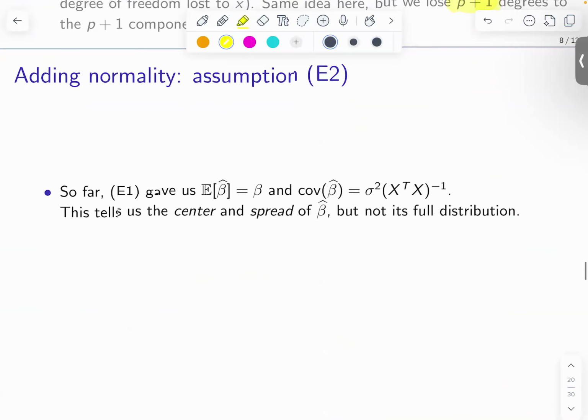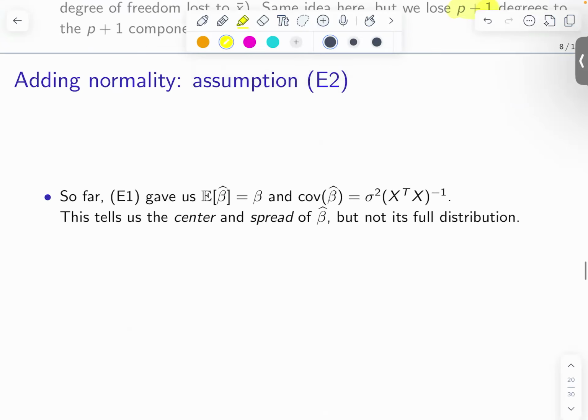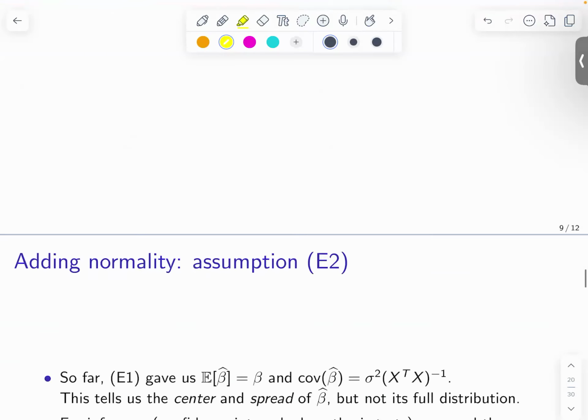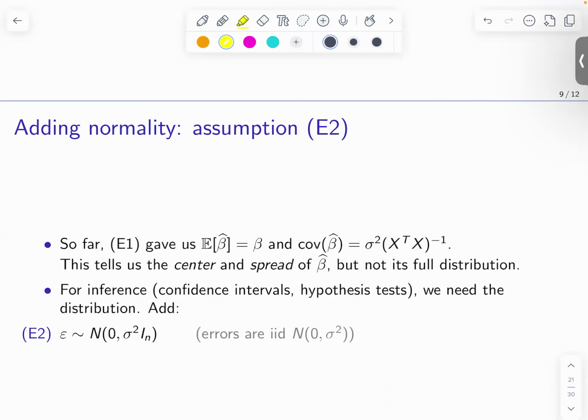Okay, so let's do E2. This was enough to get the covariance and the expectation of, let's say, beta hat, which is of interest to us, but it's not enough to get the full distribution. To get the full distribution, which we need for confidence intervals and hypothesis testing, I need to assume something about the distribution of epsilon.